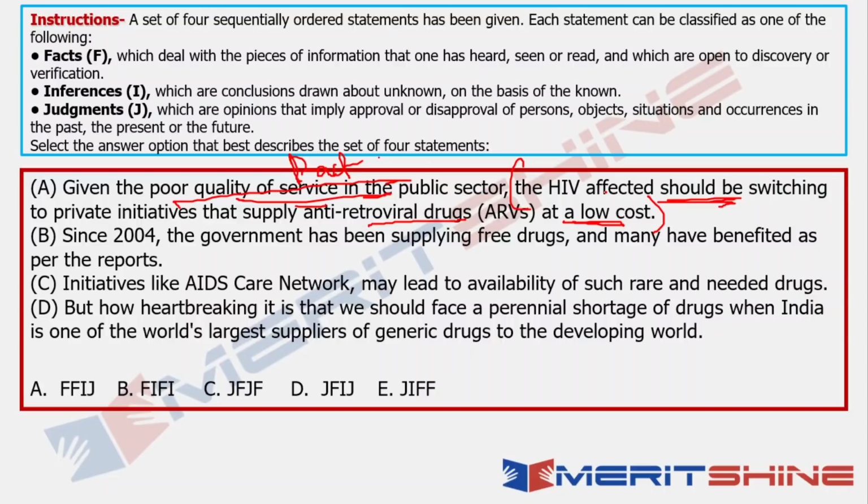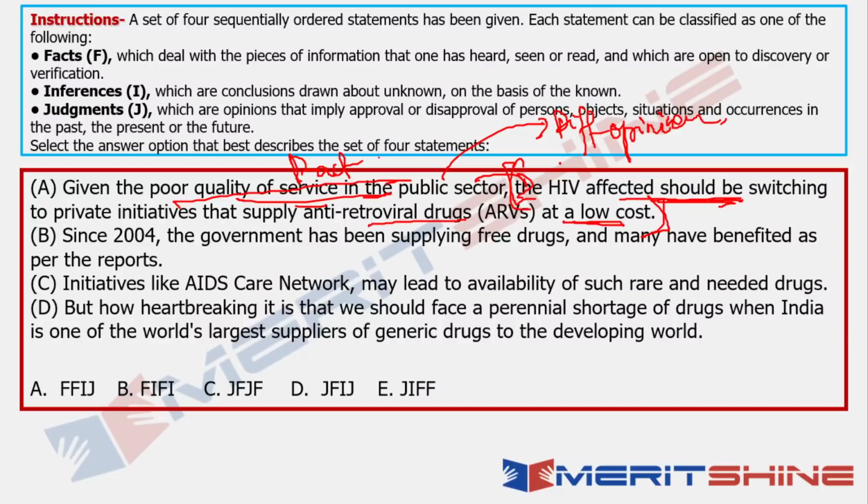This is not a fact, we know that, because here a course of action has been stated. Now see, can this part change from person to person? Yes, it can change. I can say that given the poor quality of service in the public sector, government should look into improving it. So the same set of facts can lead to different opinions about what people should do or what government should do.